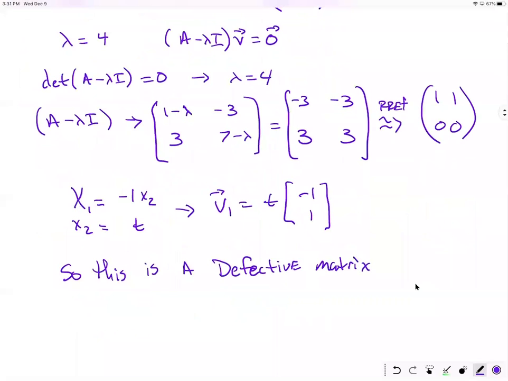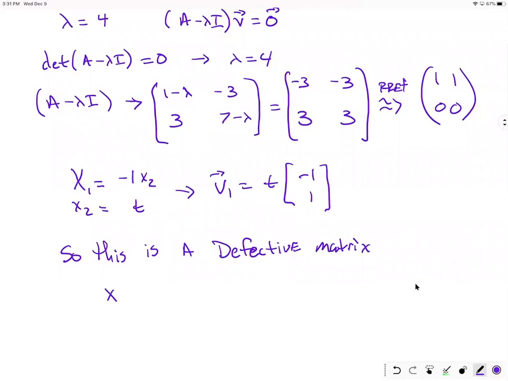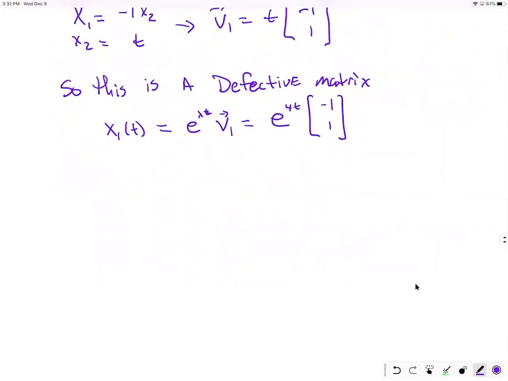And if I wrote out the solution, I would say x1 of t equals e to the lambda t times v1, which in this case is e to the 4t times (-1, 1). But this is defective. We need another one, right? So this is trouble.